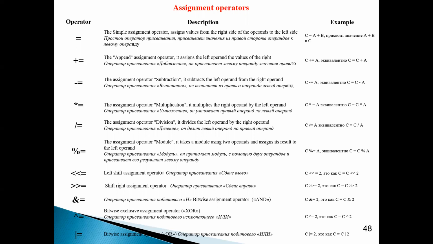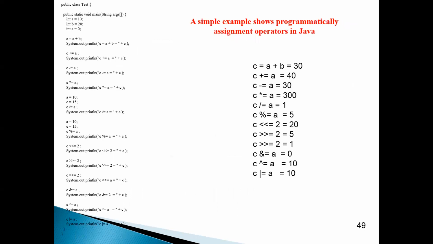This simple assignment operator assigns values from the right side operands to the left side operand. And so on. Next slide, you can see a simple example that shows programmatically assignment operators in Java. On the left, you can see programming code, and on the right, you can see the result.